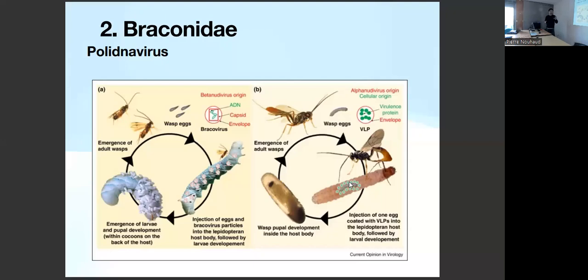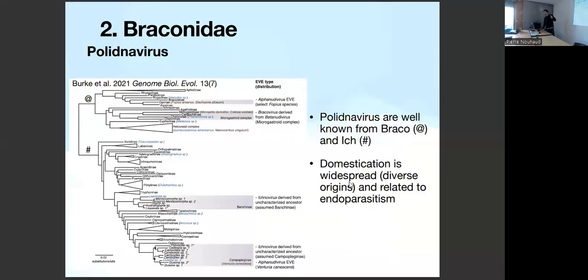This was first discovered in these groups, and we now know that there are many other groups that have this kind of domestication. Most of this domestication happens in groups that are parasitoids of Lepidoptera, with one exception here, a parasitoid of Diptera.